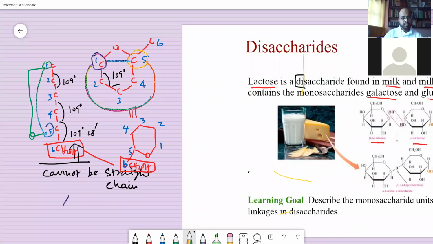But if you see it like this, this particular portion is shaded like this.